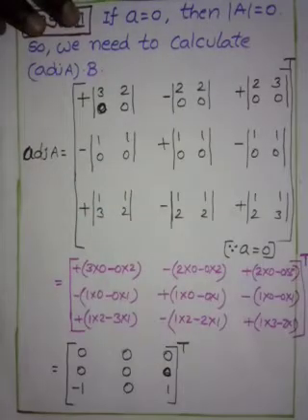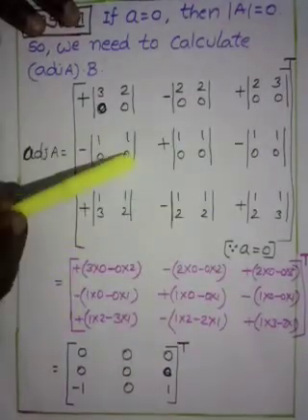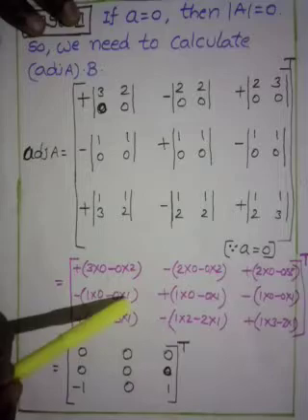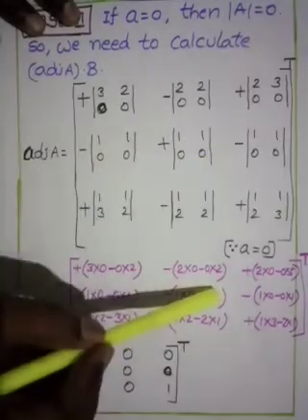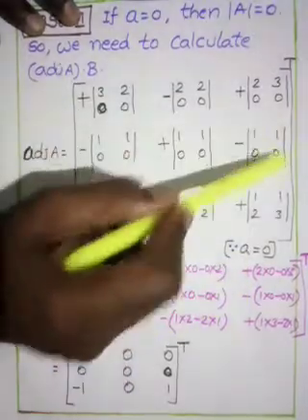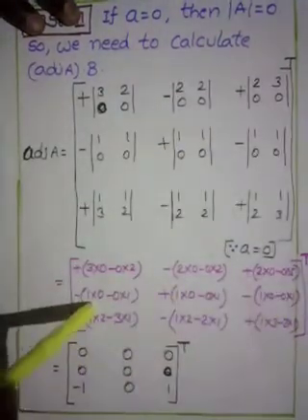Understood, my children? The first row elements. Similarly, second row elements: minus 1 into 0 minus 0 into 1, plus 1 into 0 minus 0 into 1, minus 1 into 0 minus 0 into 1.